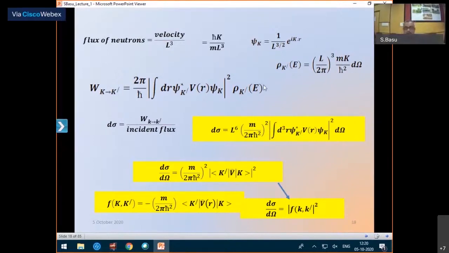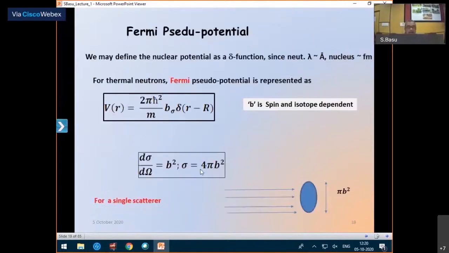The density of states I calculated using d3k by dE, which is the density of states for a free neutron at an energy E at a wave vector k prime. Just plugging in a few things, I get for a single scatterer a scattering cross section of 4 pi b square correctly. So for the systems that we will be studying, this b is an important factor, and this is for a single scatterer.